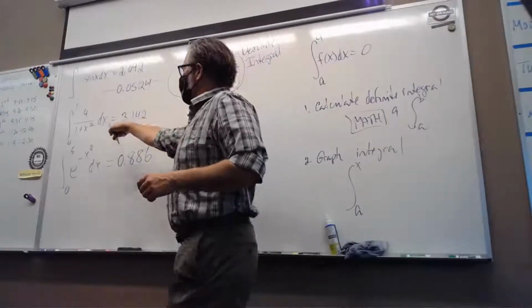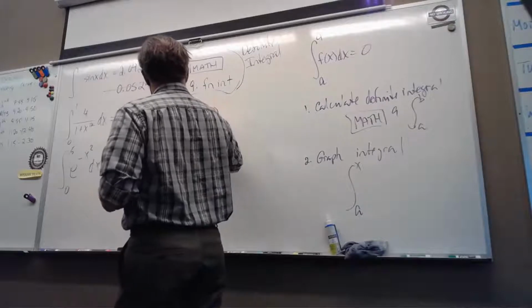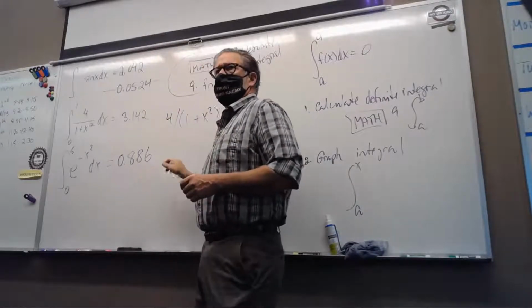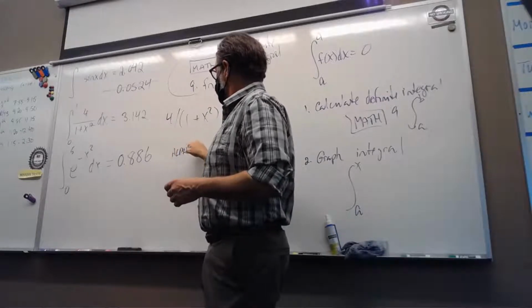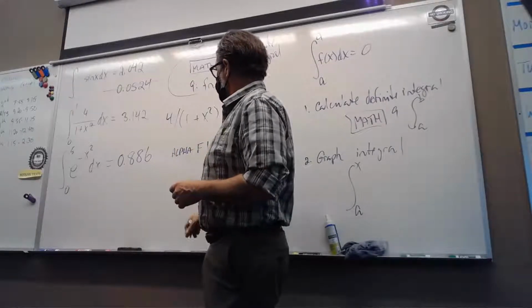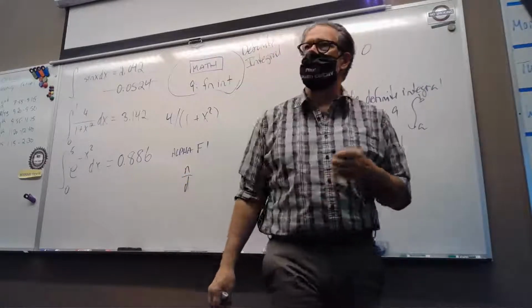You guys know how to make a fraction in your calculator? Yeah. You can do this. You guys know the other one? Alpha y equals. Alpha y1, or f1 rather, will give you the option of n over d. So you can type fractions directly in.